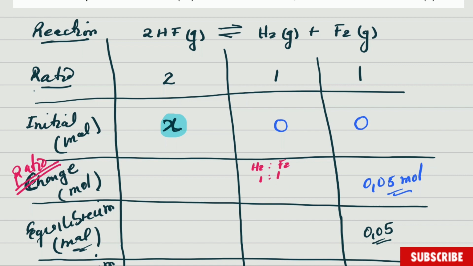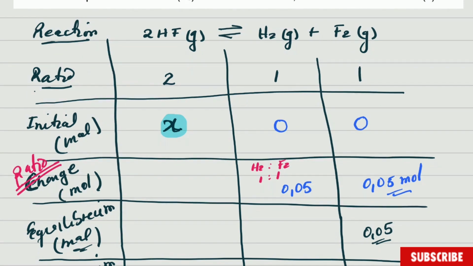Therefore, the amount of moles in the change, the amount of mole that hydrogen changes, is going to be also 0.05. Okay? And now, guys, we're going to also use the ratio for the reactant, for the HF. So now the ratio here of HF to F2 is going to be 2:1.